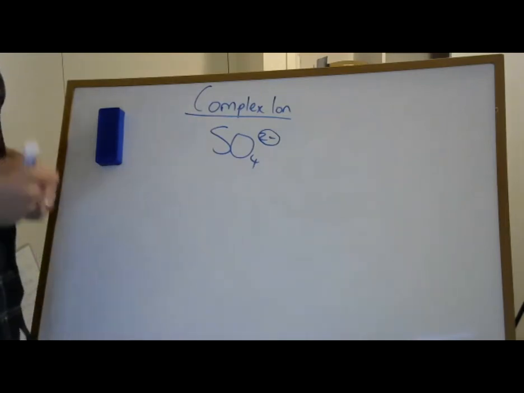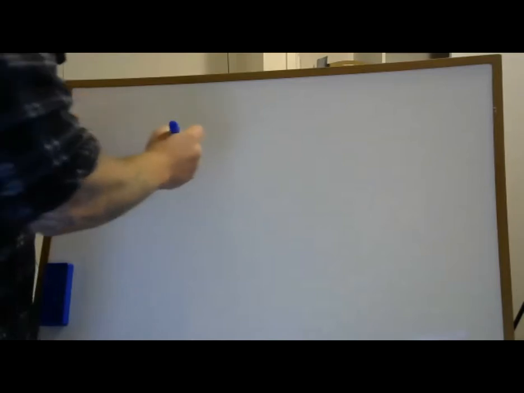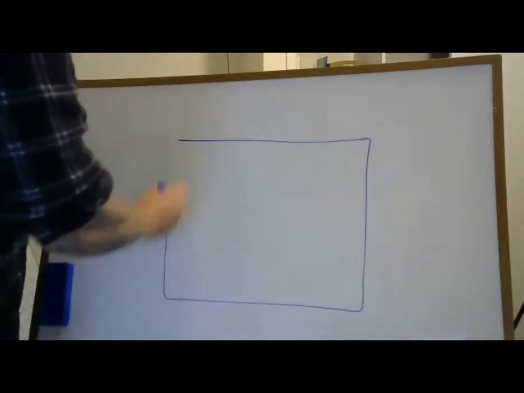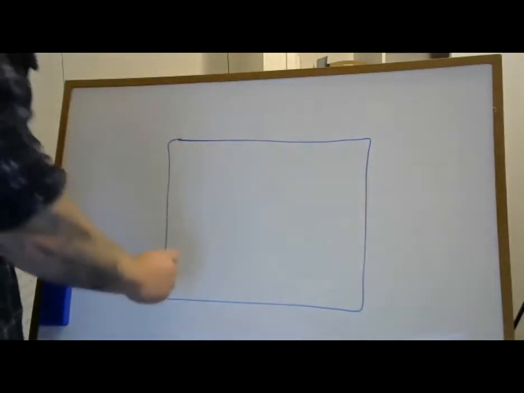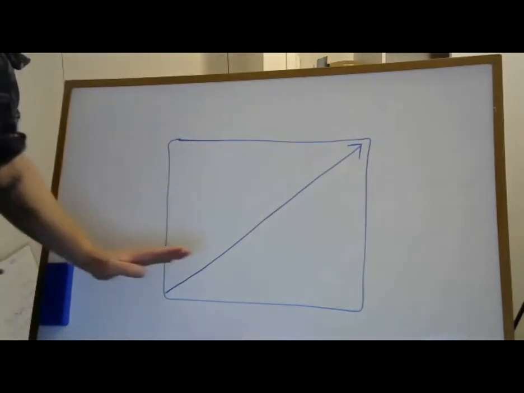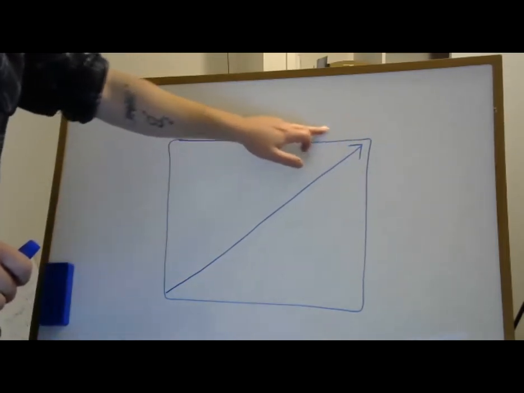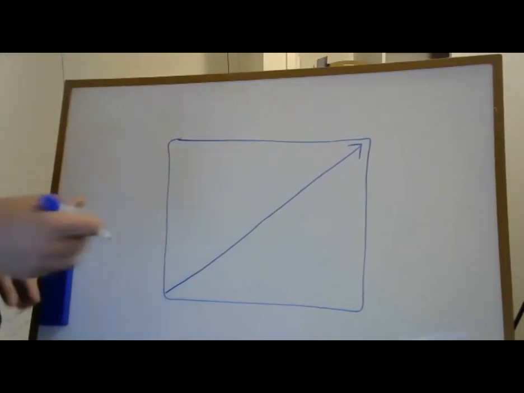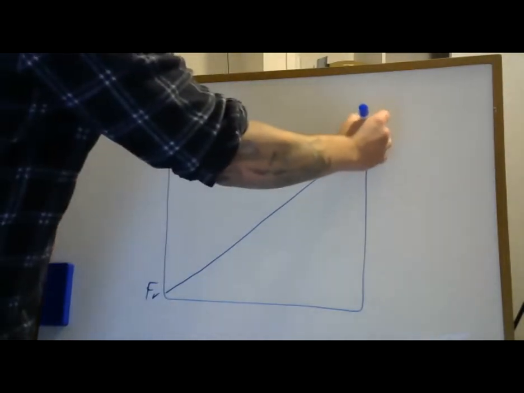So in the compound, the most electronegative, so let's think of the periodic table again. The electronegativity values go from left to right, lowest down here at francium, highest up here at fluorine.